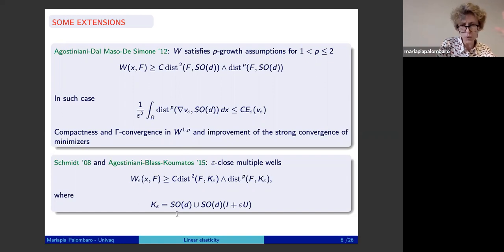The first well is the set of rotations, and the second well is a small perturbation of the set of rotations. So the distance between these two wells is very small, of order epsilon, which is the order of the size of the load. Okay. So essentially, until this time, linearization was proved only for one-well energies.